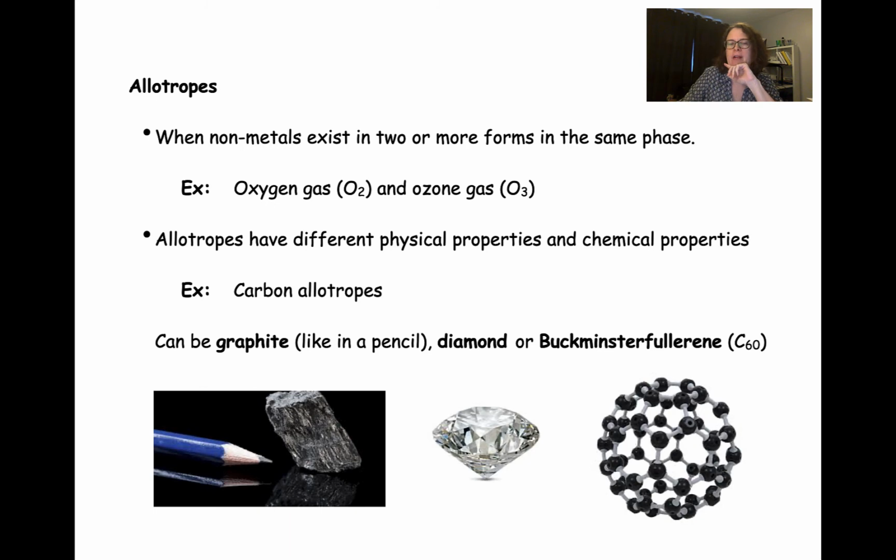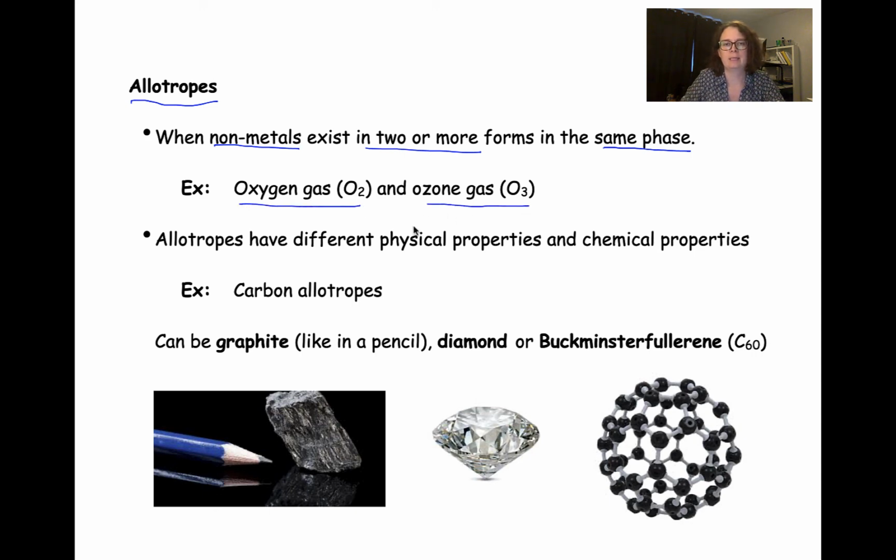Another type of phenomenon we see with our elements is something called allotropes. These are when nonmetals exist in 2 or more forms that are in the same phase, right? And a phase is going to be solid, liquid, or gas. A gas example here is oxygen. It can form a compound with 2 oxygen atoms, O2, or 3 oxygen atoms, which is ozone. So oxygen gas is what we breathe.